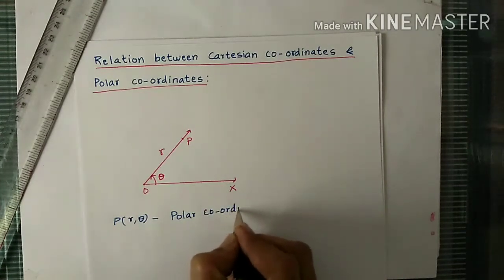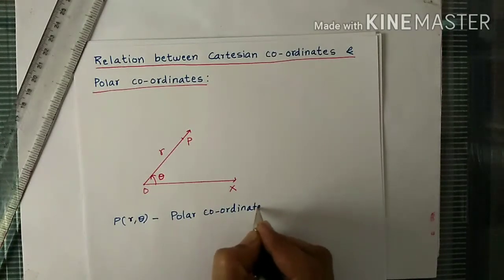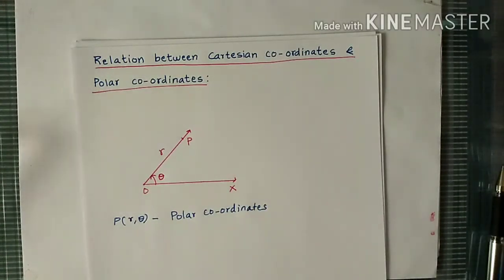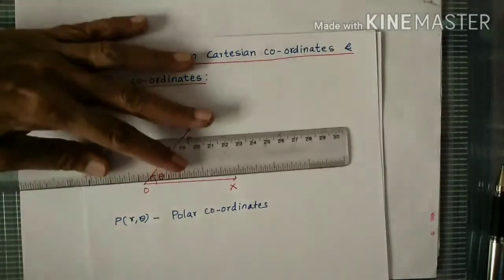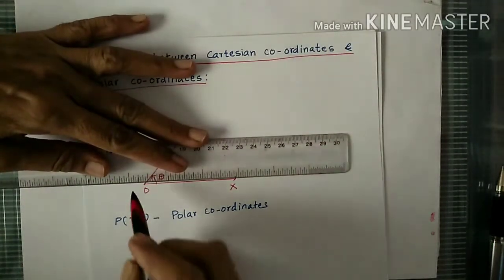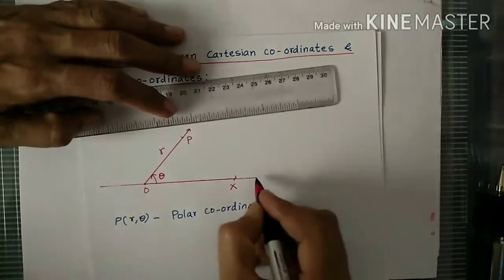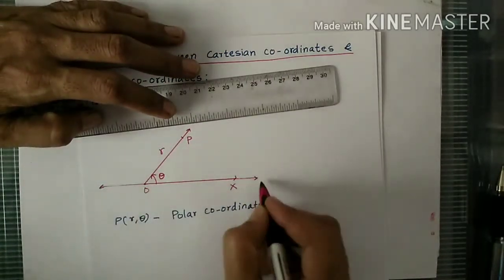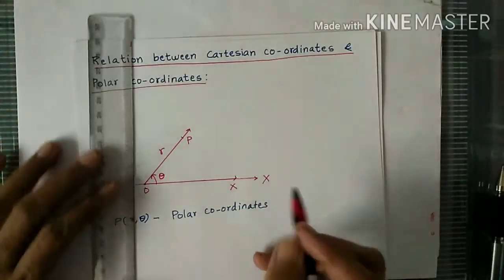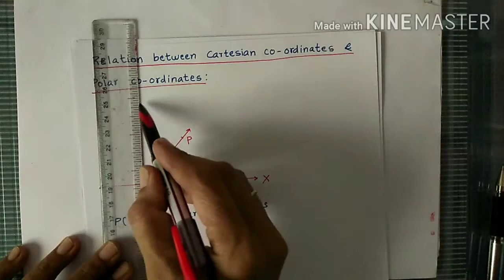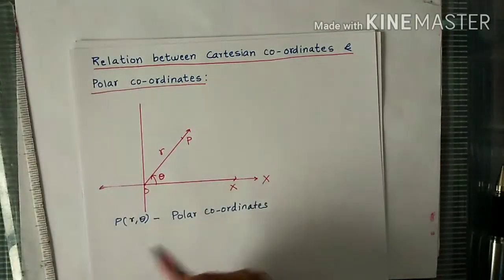Now for Cartesian coordinates we need the x-axis and y-axis. So let's construct the x-axis and y-axis. Let the x-axis be along OX. So let this be our x-axis. And the y-axis along the line perpendicular to OX through point O. So this is our y-axis.